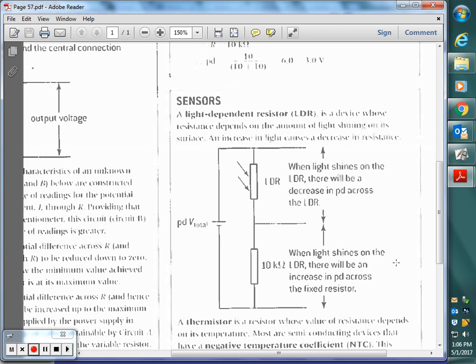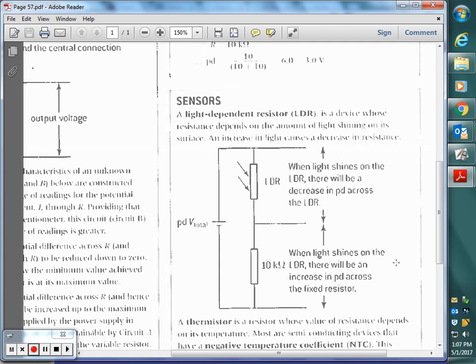So here, in this circuit, LDR, light-dependent resistor, right? When light shines on the LDR, there will be a decrease in potential difference across the LDR, okay? So when there is a decrease in potential difference, that means the current slows down, right? The light-dependent resistor is a device whose resistance depends on the amount of light shining on its surface.